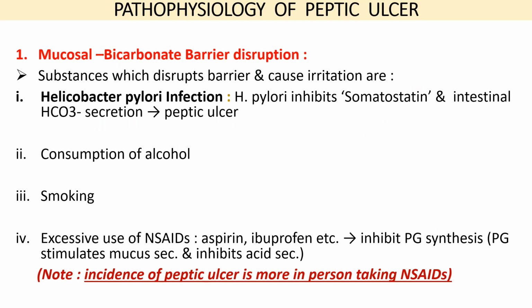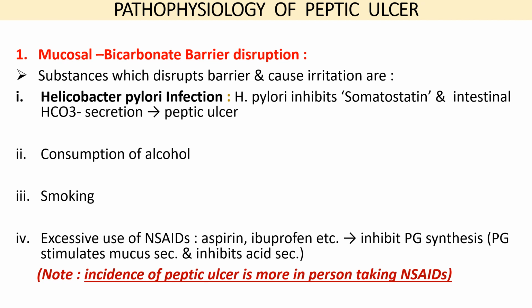The first and foremost cause for peptic ulcers is said to be the disruption of the mucosal bicarbonate barrier. There are various substances that are believed to disrupt this barrier and cause irritation of the gastric mucosa. The first is Helicobacter pylori infection, or H. pylori infection.